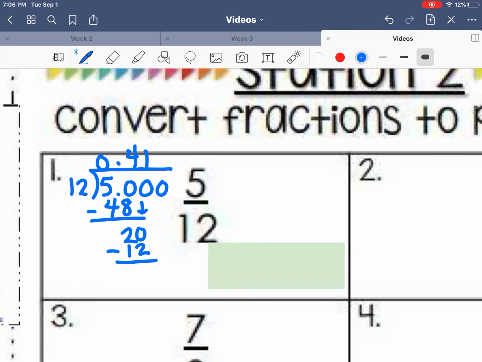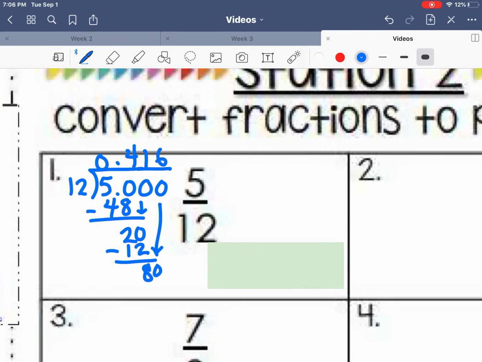And when I subtract, I get 8. And I'll bring down another 0. 12 will go into 80 6 times, because 6 times 12 is 72. We're going to find the same response that we found on the other side. We can keep going forever, and we're just going to keep on getting 6s after that 1.